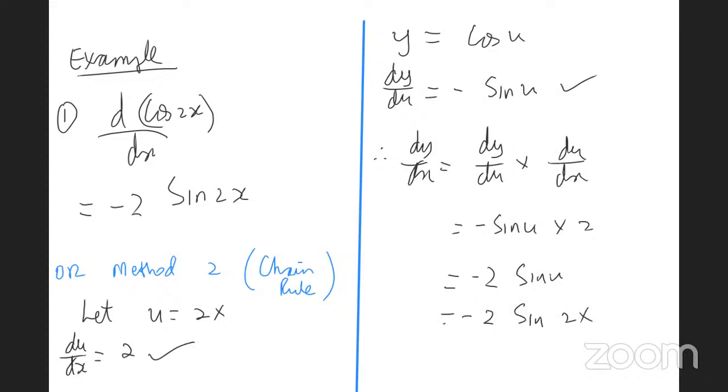It's a little bit longer, but you have to be able to use chain rule as well. If the question doesn't say, you're allowed to use the shortcut rule, right? So the shortcut rule, remember: differentiate 2x, differentiate cos, and then write back 2x.